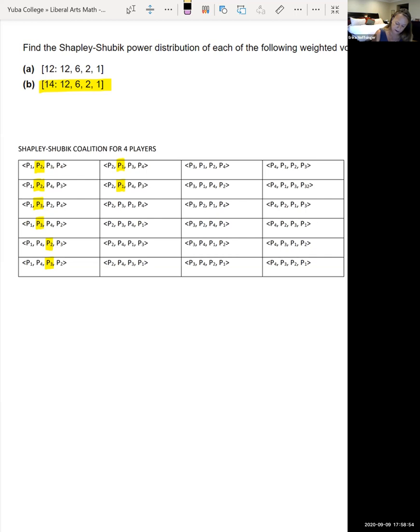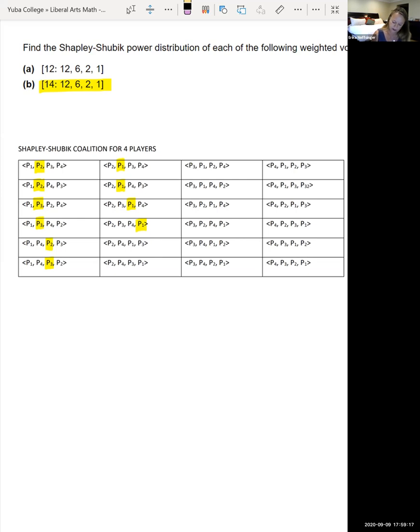Then if I add player 1 in there, well, that 8 plus that 12, player 1 is pivotal. 2 and 3 again, that was 8. And if I take player 4 and add in 1 more, that makes 9. They're not pivotal. So player 1 makes it pivotal.